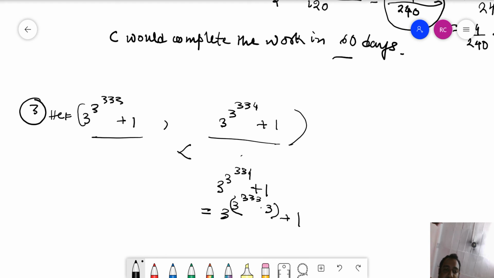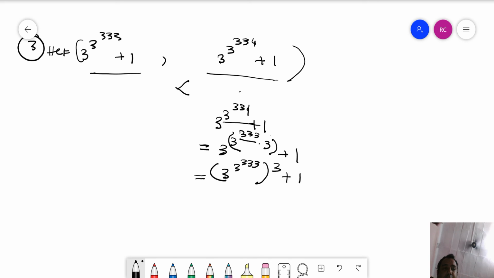This whole thing is in exponent. So 3 to the power 3, 3, 4 is 3 to the power 3, 3, 3 into 3 to the power 1 or 3. So this gives us 3 to the power 3 to the power 3, 3, 3 whole cube plus 1.